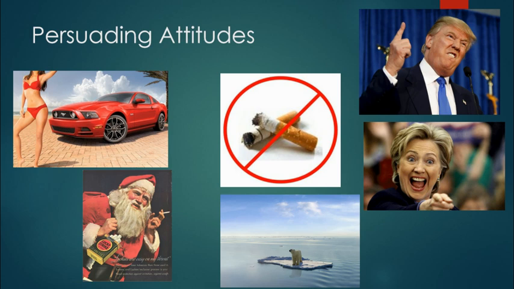But unfortunately, the reality is that we often make our political decisions based on the peripheral route to persuasion. We make our political decisions based on those emotional snap judgments. Really wish that wasn't the case, but that is the reality that we live in.